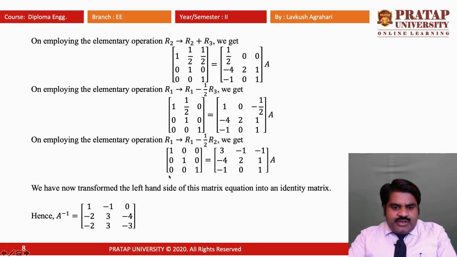Now in this final step we can say the matrix lying on the right hand side is the inverse of the matrix A. So the inverse of the matrix A is written on your screen. So in this way we can find the inverse of any matrix.